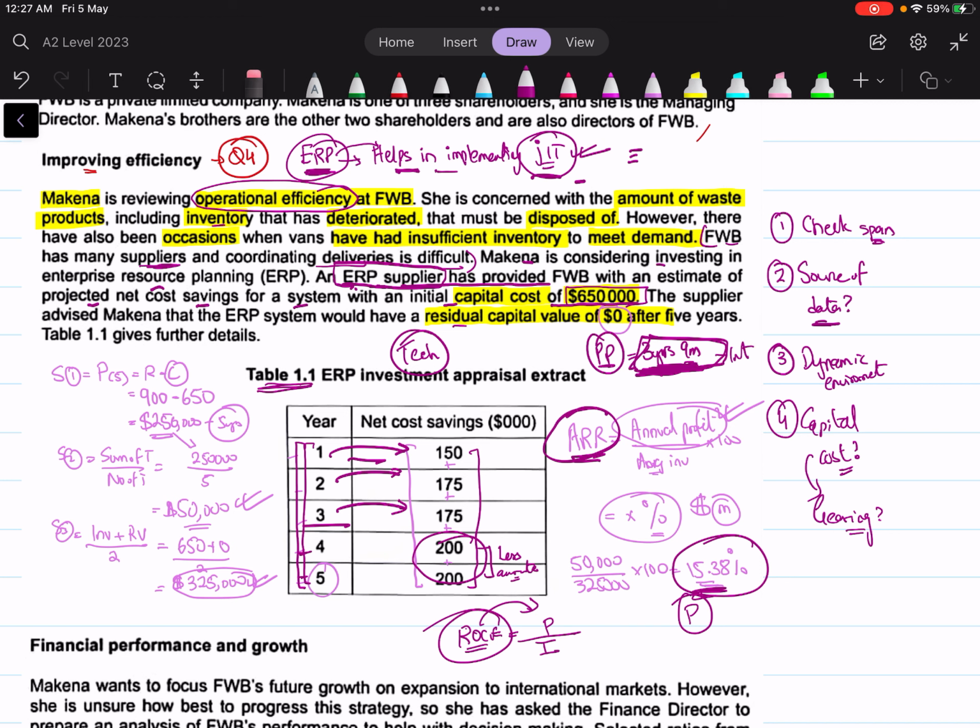And this has another meaning as well. Now, when I talk about payback period, try to compare it with the data. So let's say you invest into ERP. You're going to get profit once your investment is recovered.